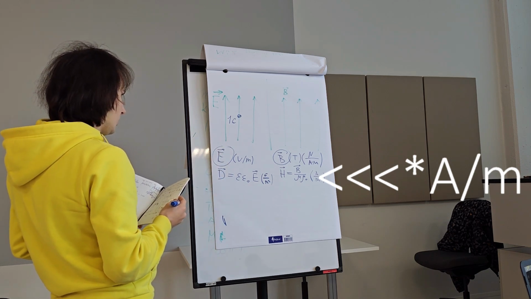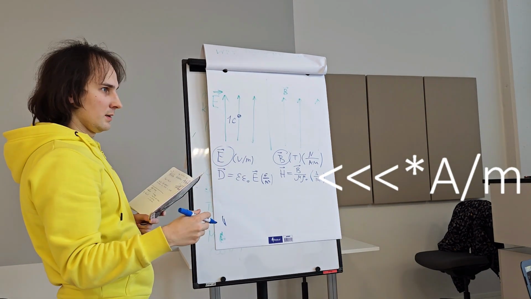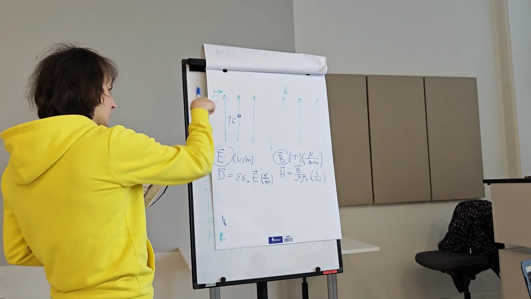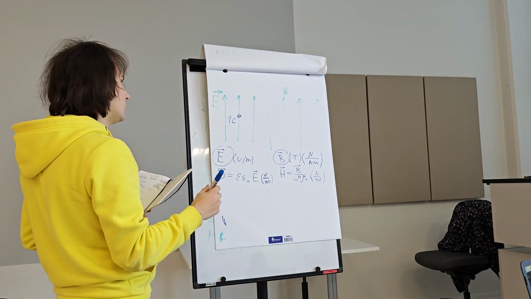So we call the electric field of 1 volt per meter such a field which acts on the particle with charge of 1 coulomb with force of 1 newton.